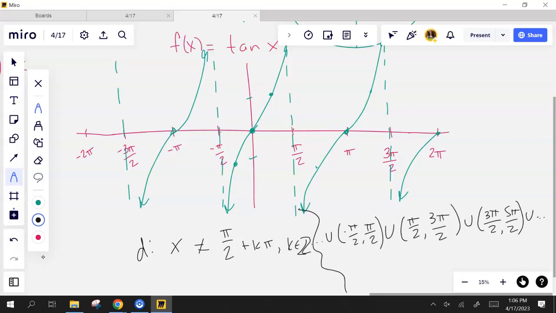I eventually want you to be able to get to this. And pi over 2, that is like half a pi. Then from 0 to pi, and I'm trying to think.